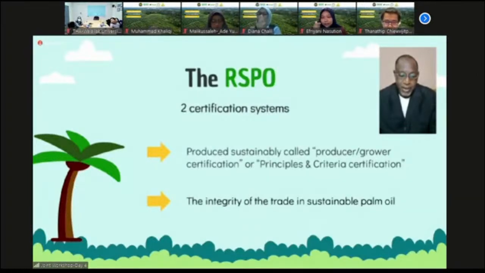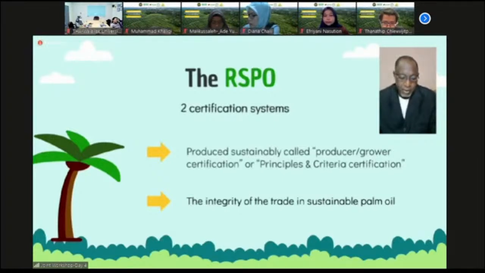The other is to ensure the integrity of trade in sustainable palm oil, that is, the palm oil sold as sustainable palm oil has indeed been produced by certified plantations. Both systems involve third-party certification bodies. Such rigorous certification systems considerably reduce the chance of consumers using palm oil that is not produced sustainably.